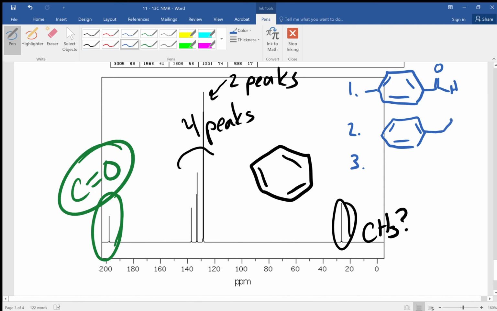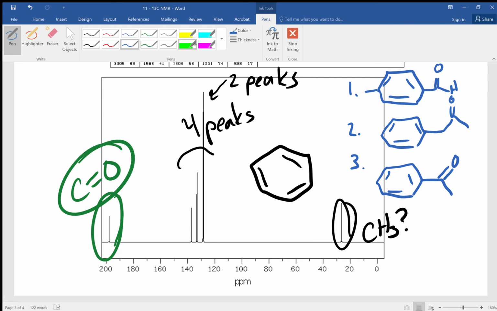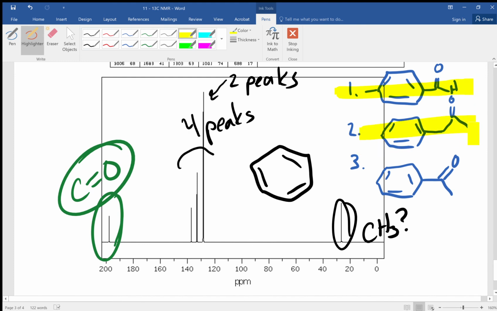We could have a CH2 off the aromatic ring and an aldehyde coming off of that. Or we could have an aromatic ring with a ketone. All 3 of these are symmetric, so we could draw a line of symmetry through the aromatic ring. That would give us our 4 peaks in the aromatic region.